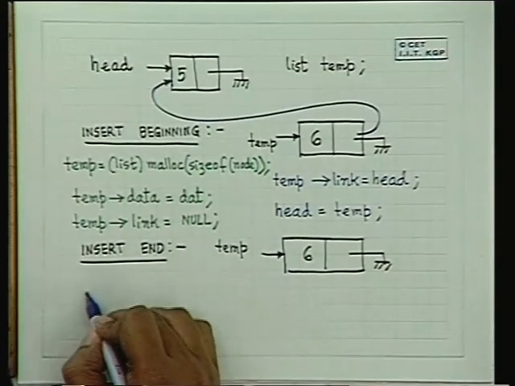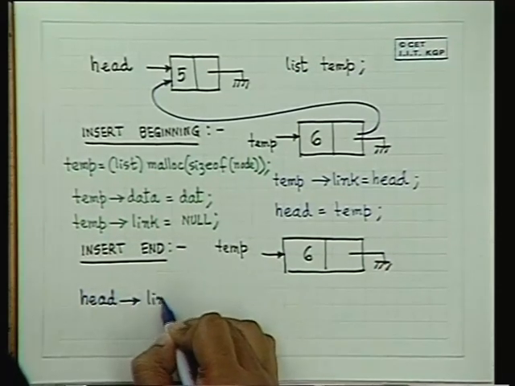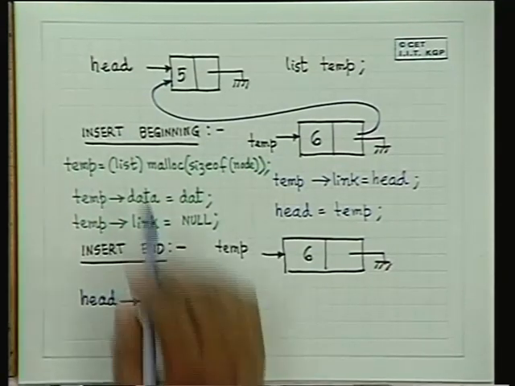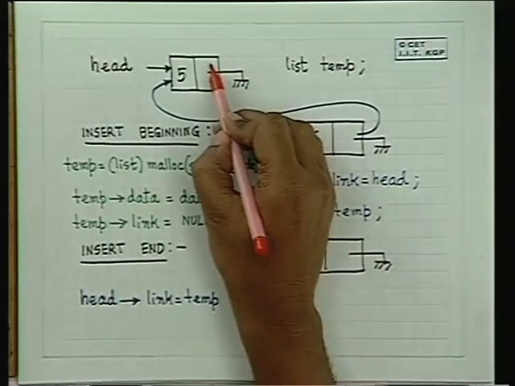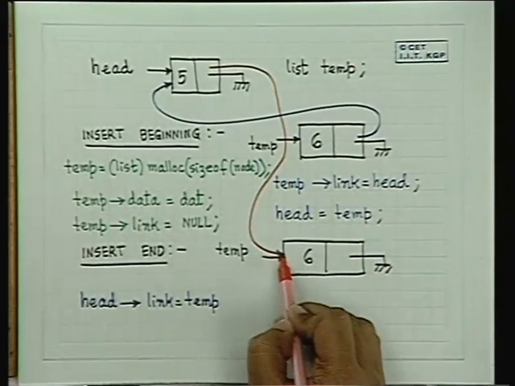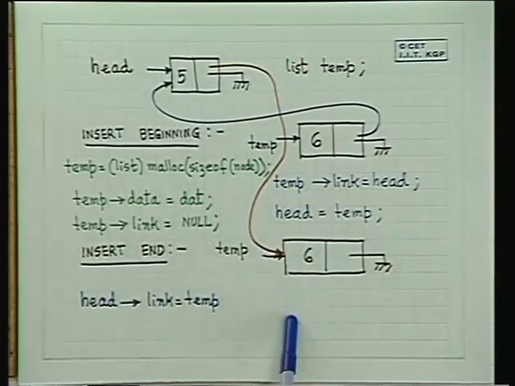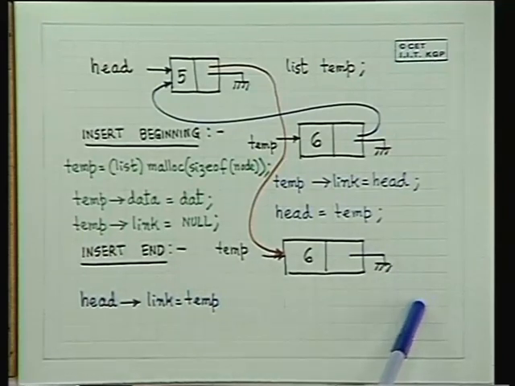So a very simplistic way of arguing is head dot link is equal to temp, and you get a structure which is something like this. In red, it will be something like this. But next time, suppose you want to allocate another element, then head dot next will be assigned temp will not work. It is actually the end of the list. Wherever is the end of the list, that should be assigned dot next.